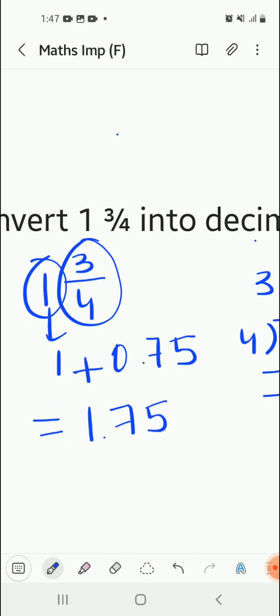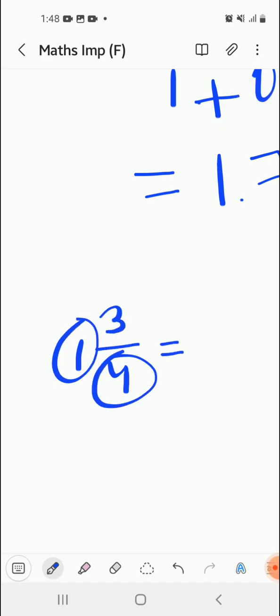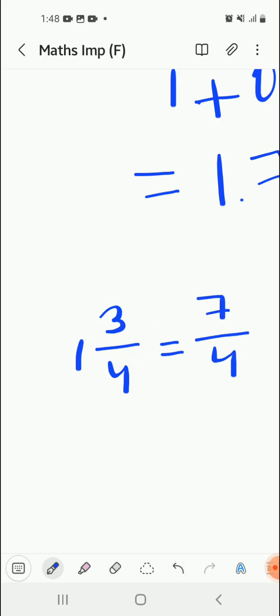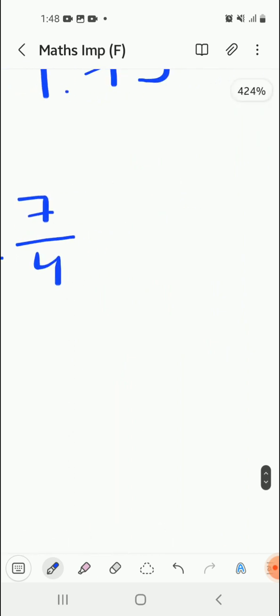There is also another way you can do it. 1 3 by 4. So this becomes 4 ones are 4 plus 3, 7. So 7 by 4. Think of a number with which if we multiply the denominator, we get any number such as 10, 100 or 1000. We know 4 into 25 is 100.